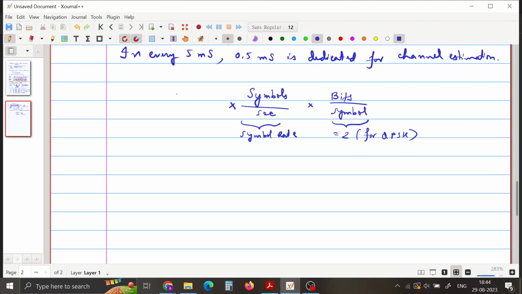That will be the useful data time, which governs your throughput, divided by the total time, which is 5 milliseconds. So the useful time is actually the 4.5 milliseconds. This fraction you need to consider. This will give you your data rate in bits per second.